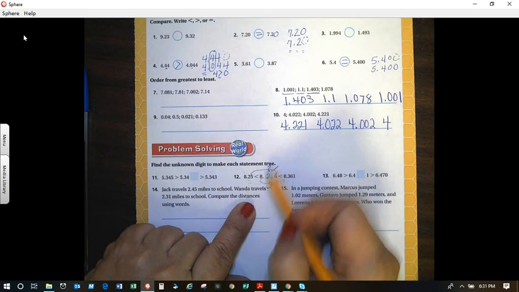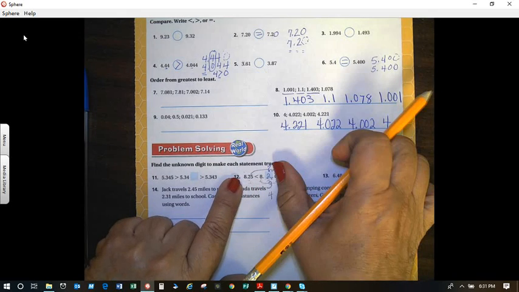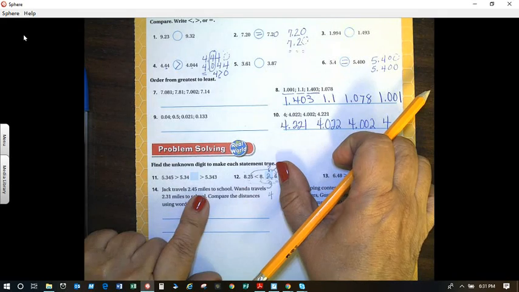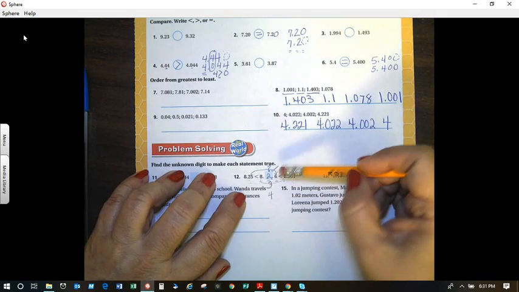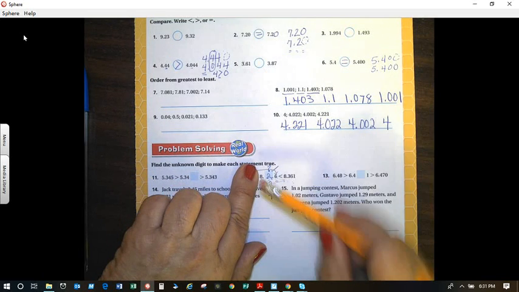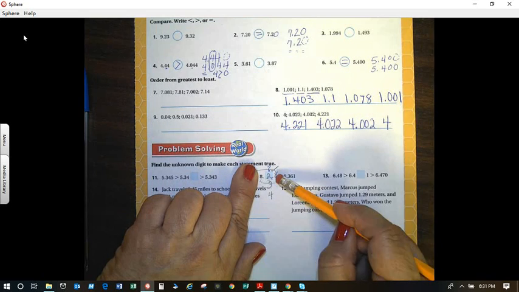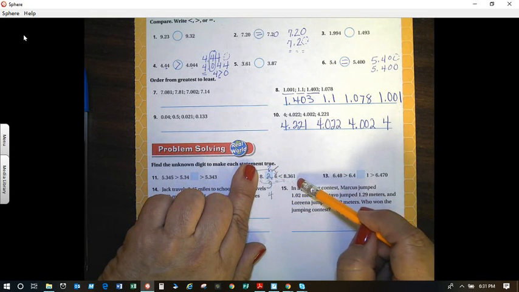If I make this a 4, so is 8 and 25 hundredths still less than 8 and 46 hundredths, or thousandths? No, I'm sorry, hundredths. That's a true statement. But then let's look at this. Is 8 and 46 hundredths less than 8 and 361 thousandths?